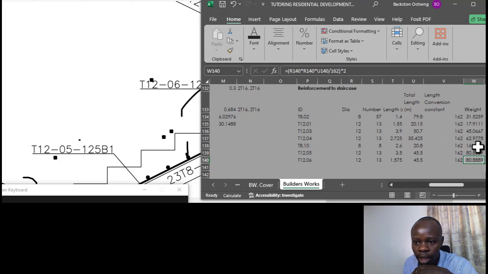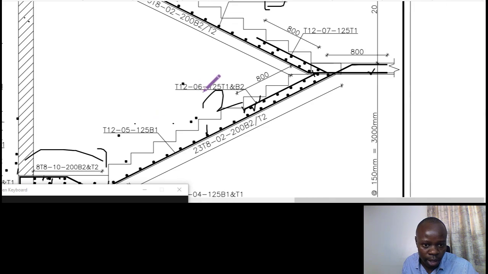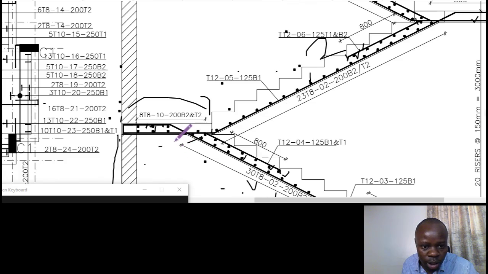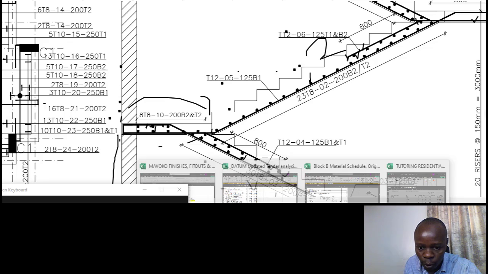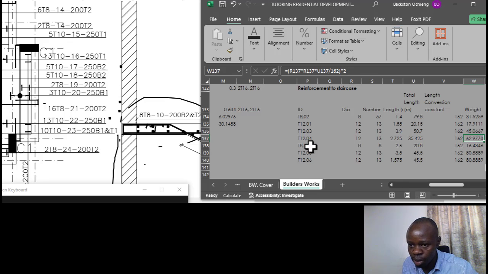Alright, and let me see. Oh, we only multiplied, okay, that times 2 has been done twice, but it's not right. We only did it twice for bar mark number 4. Yes, bar mark number 4.